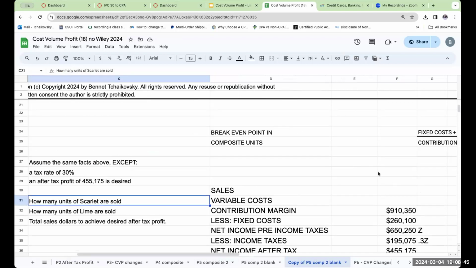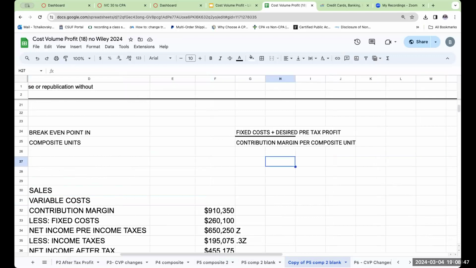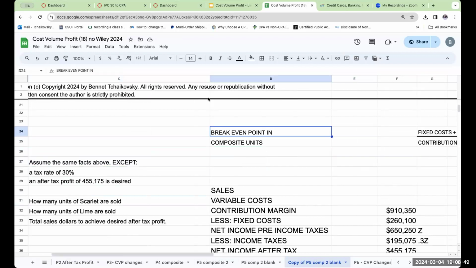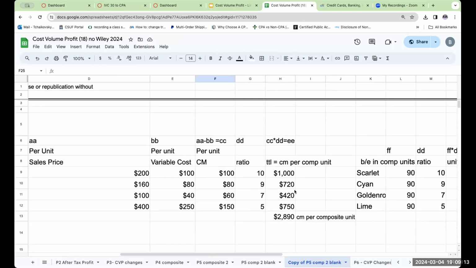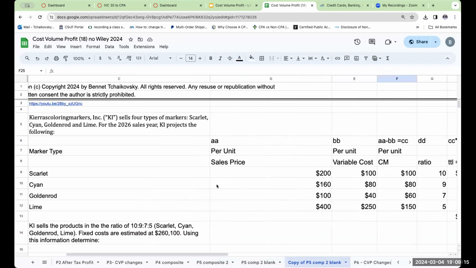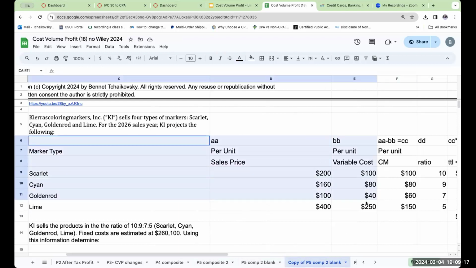Using this formula, my break-even point to achieve, so let's call this the amount to achieve after-tax profit in composite units, is going to be 910,350 divided by my contribution margin per composite unit. So let's go ahead and redo these ones over here.